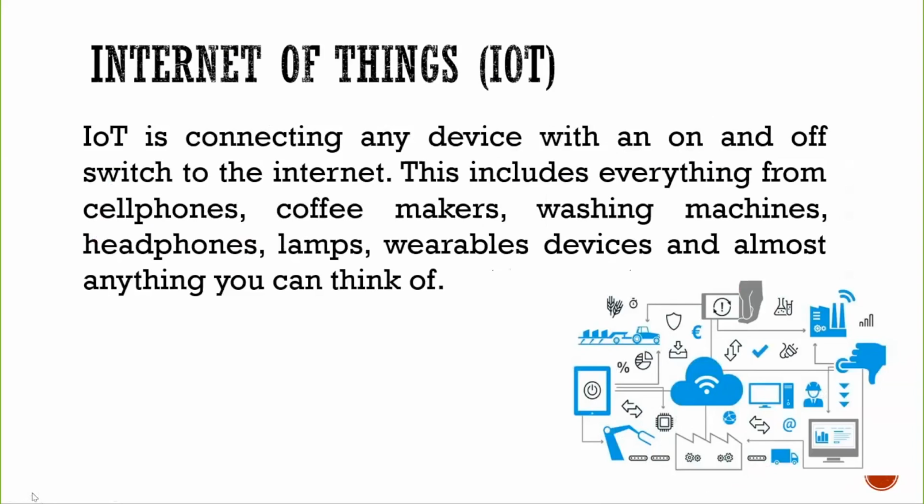This also includes components of machines, for example, a jet engine of an airplane or a drill of an oil rig. To make IoT work, you need a unique identifier, network access, and a device or sensor to transmit data, and that's it.